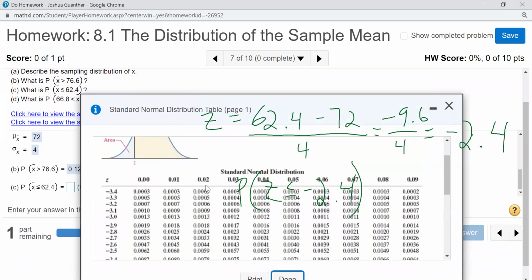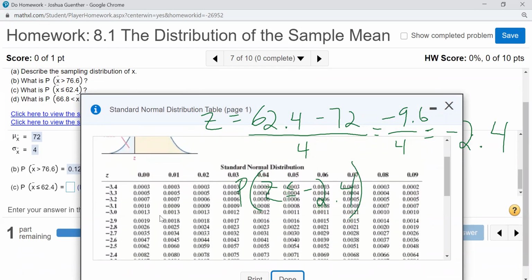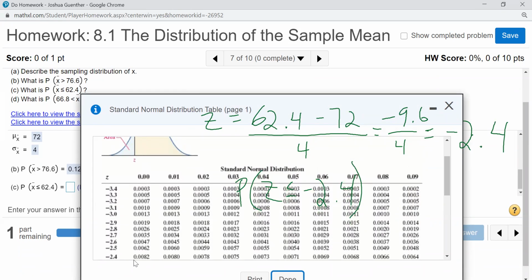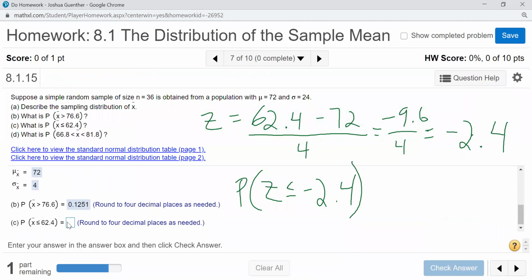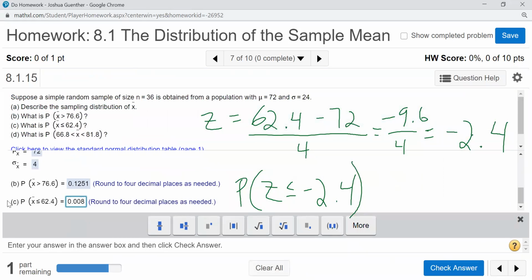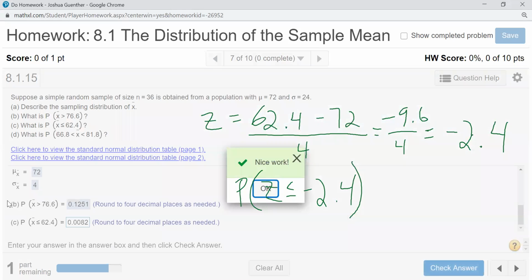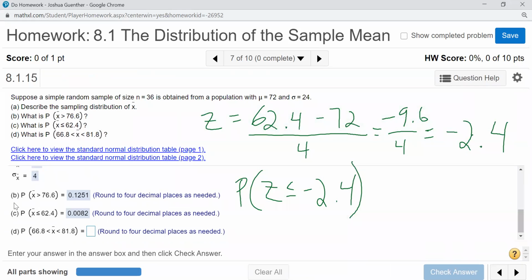I'm going to look up negative 2.40, and the probability is going to be 0.0082 down here. And I don't need to do the 1 minus thing because it already wanted the probability of a z-score being less than that. So it's going to be that. And it wants me to round to 4 decimal places, boom.